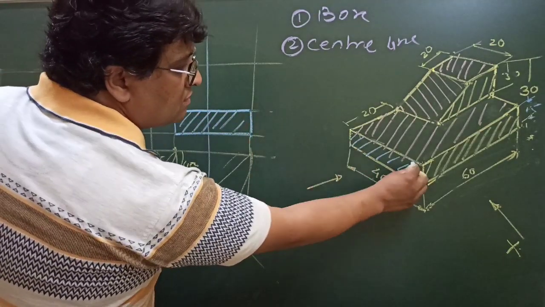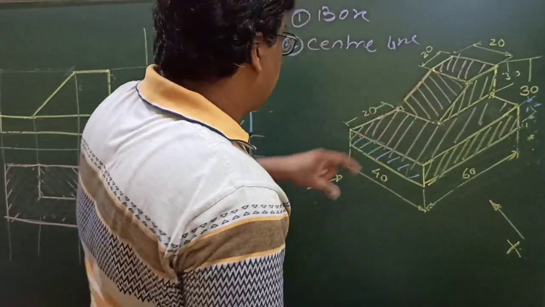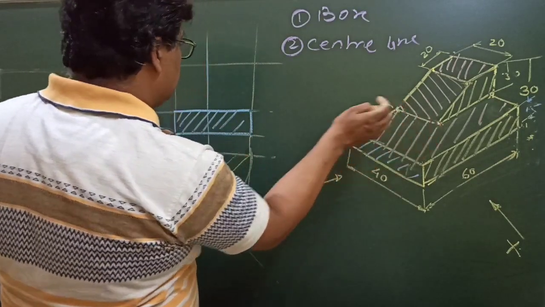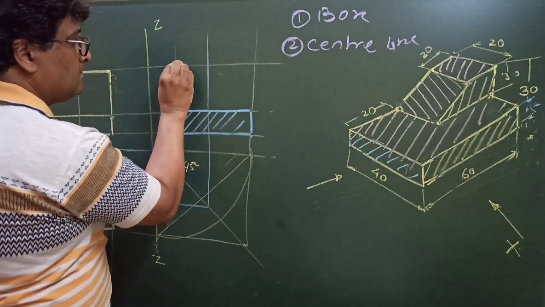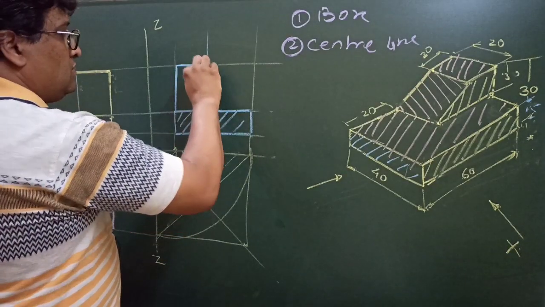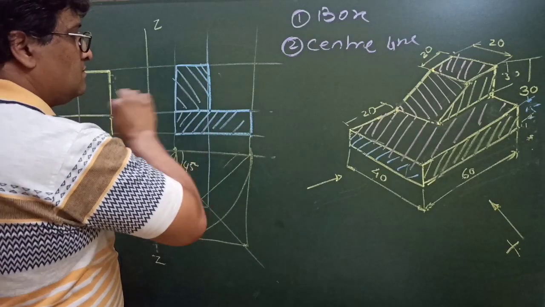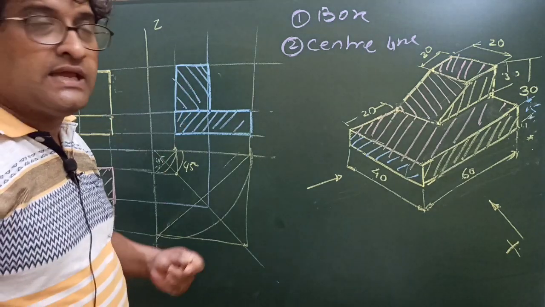This is the lowermost rectangle. Second thing you are seeing is the inclined part, which is 20 mm wide. So this 20 mm we have already marked. So this is the inclined part. So this completes the side view also. Front view, top view and side view.